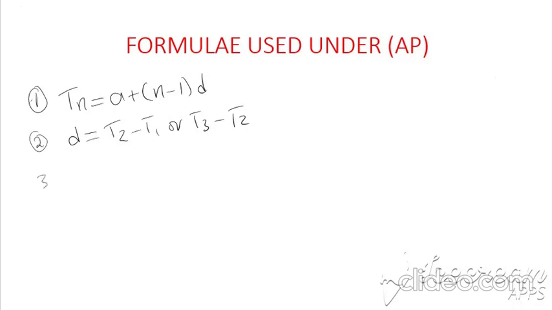Then the third formula that you're supposed to know is the one for the sum. S_n, the sum of n terms, is equal to n over 2, times open bracket 2 times the first term plus open bracket n minus 1 close bracket, where n is the number of terms, times the common difference, close bracket.